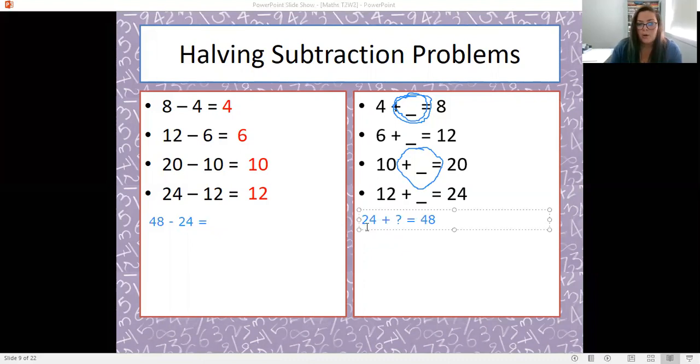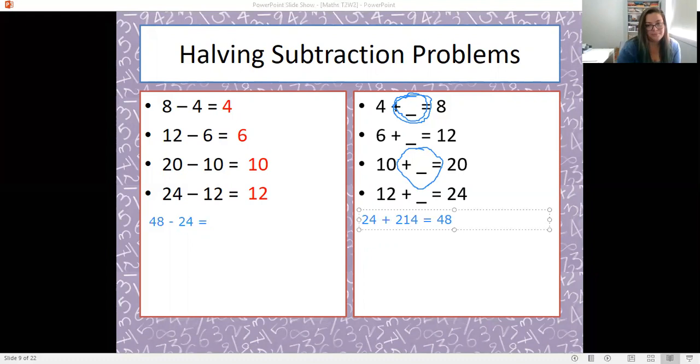Sorry, that should be 48, not 28. I know that to get to 48, 8, based on what we've done so far, is double 4, so my number must end in a 4. And I know that 4, because I'm super clever and know all of my multiples of 2, is double 2.